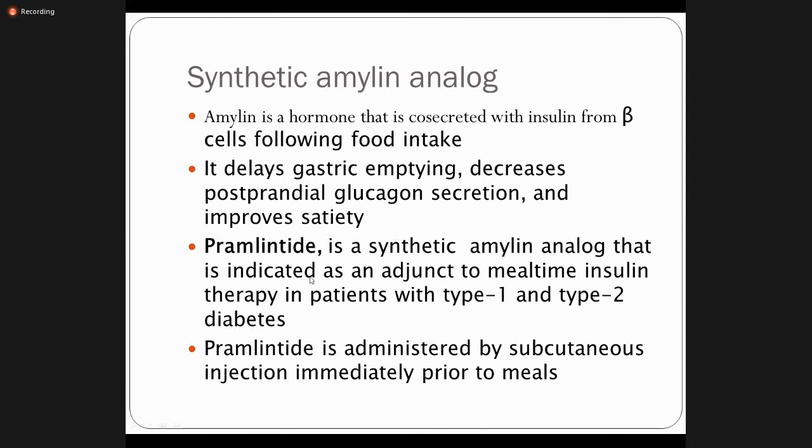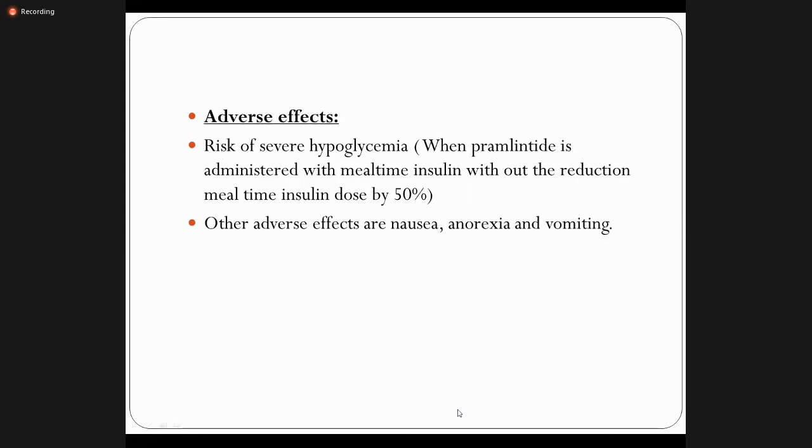Example is pramlintide, a synthetic amylin analog that is indicated as an adjunct to mealtime insulin therapy in patients with type 1 and type 2 diabetes, right? Pramlintide is administered by subcutaneous injection immediately prior to meals. But one important point we must remember related to pramlintide is the risk of severe hypoglycemia.